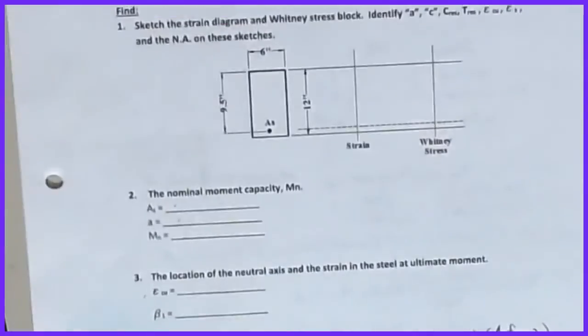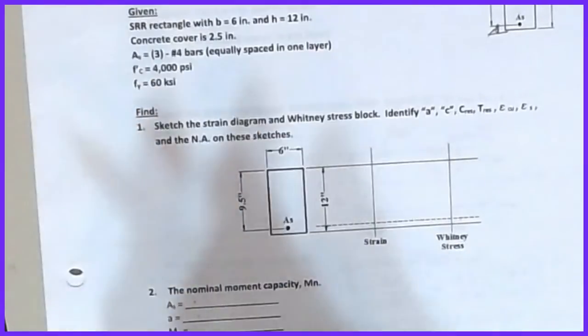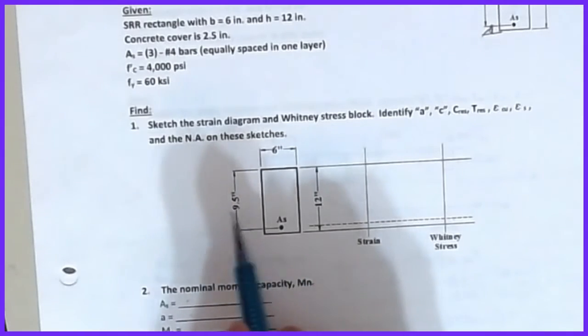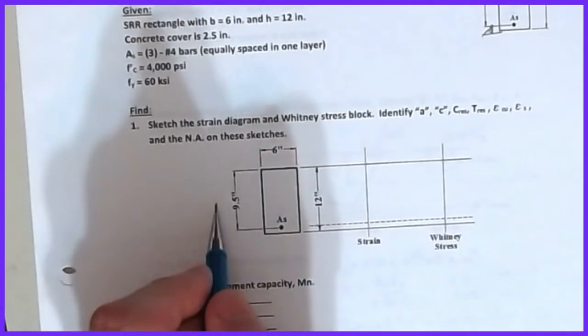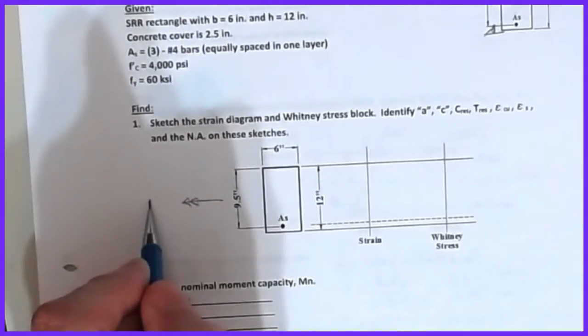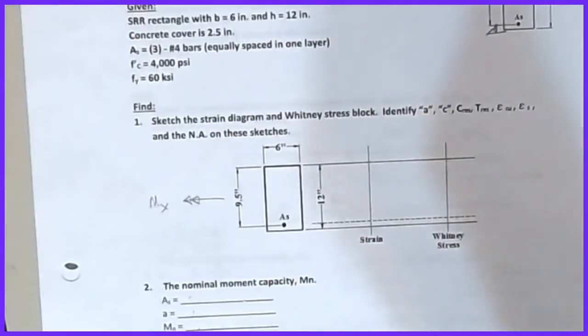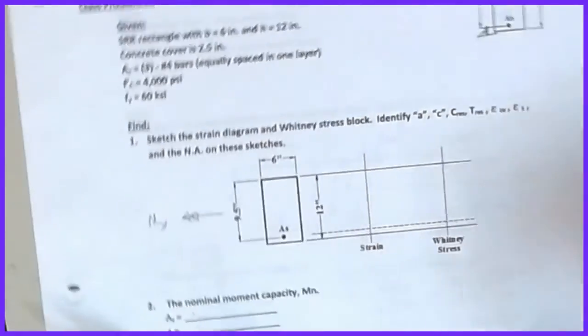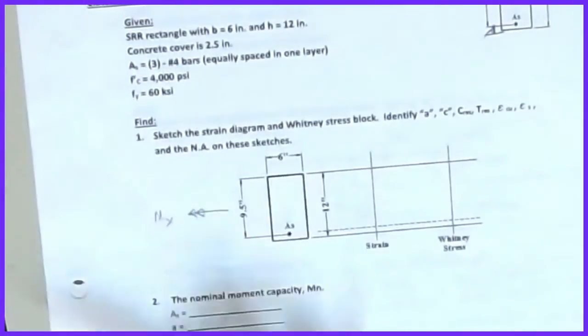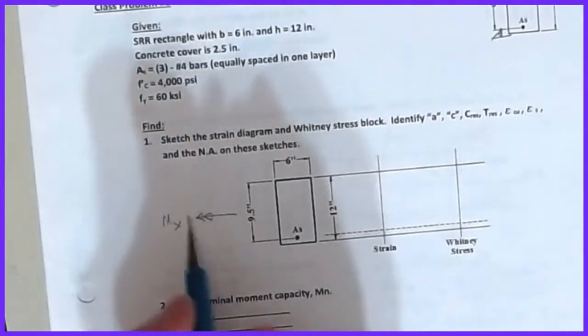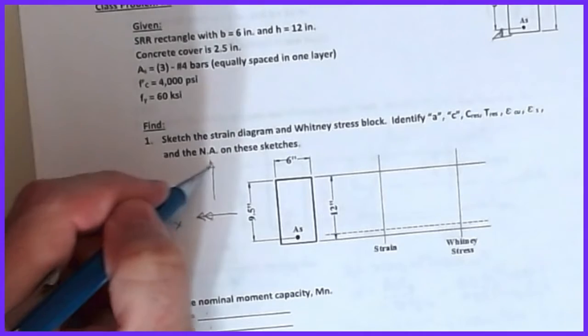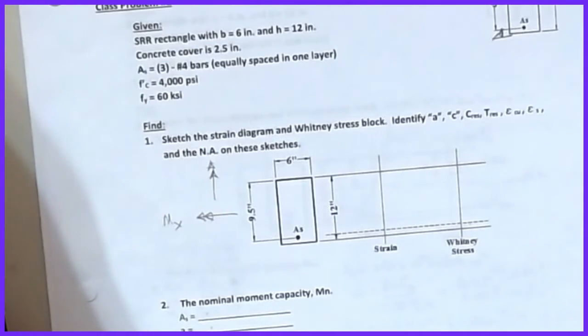Now, the one limitation on the method that I didn't mention before is that we can only have moment about one axis. In this case, we were assuming that this was a moment taken about an x horizontal axis. And again, this is the double-headed arrow notation, so my moment is flexing this thing in that direction. If I get a second moment in conjunction with this, all bets are off.